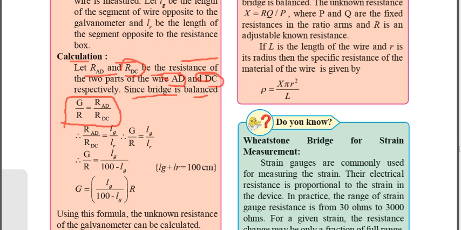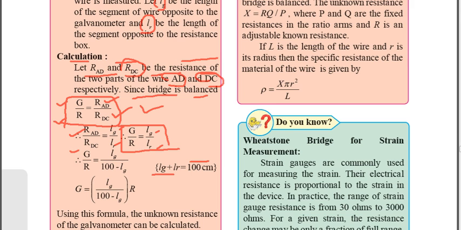So by using the balance condition we can write that G divided by R is equal to RAD divided by RDC, ठीक है। तो ये मीटर ब्रिज का बैलेंस कंडीशन का फॉर्मूला यहाँ पे हमने यूज़ किया है। So RAD divided by RDC is equal to Lg divided by Lr. तो Lg एंड Lr आर द लेंथ ऑफ द सेगमेंट ऑफ द वायर। So G by R is equal to Lg by Lr, and this Lr is 100 minus Lg because Lg plus Lr is equal to 100 centimeter.